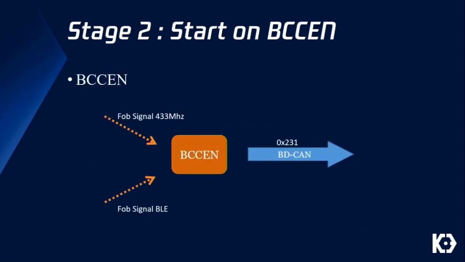And when we checked the details of the BCM, we noticed that the Model X fob has 2 kinds of signal. The first kind of signal is a very traditional signal, the 433 MHz, and the other signal is BLE.